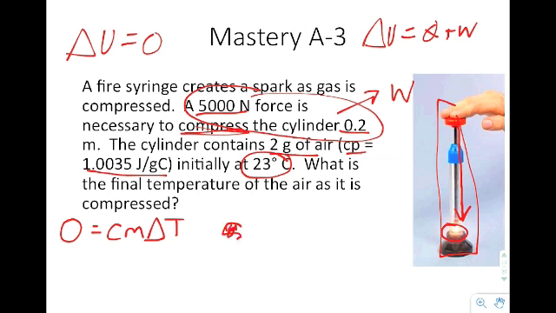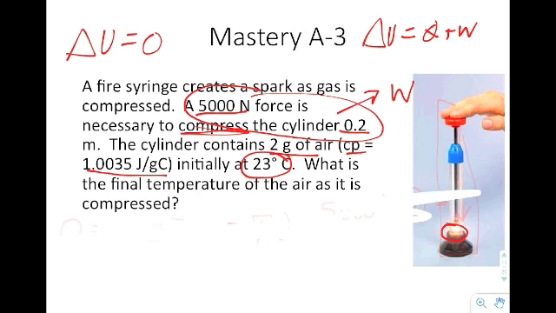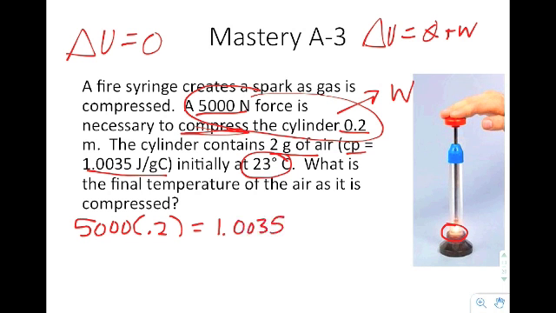So force times distance. Okay, so what we can do is we can set these things equal to each other now. We're compressing the system. Whenever we do this, we can now say that you have 5,000 times 0.2 equals C, which is our 1.0035, M, which is our 2 grams, and then our delta T. And our delta T is going to be our final temperature minus 23 degrees Celsius.